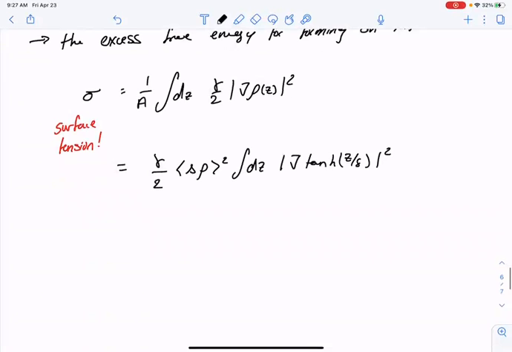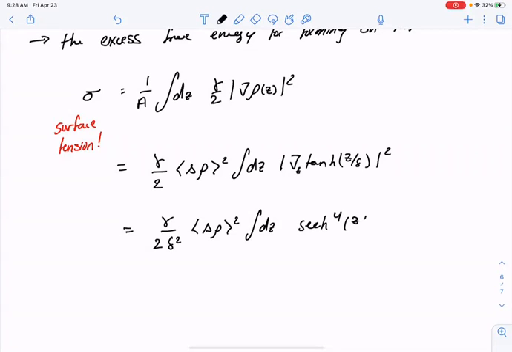We can take the derivative and squaring that, get 2 factors of delta out. Derivative of tangent can be written as hyperbolic secant squared. Squaring that gives us hyperbolic secant to the 4th.